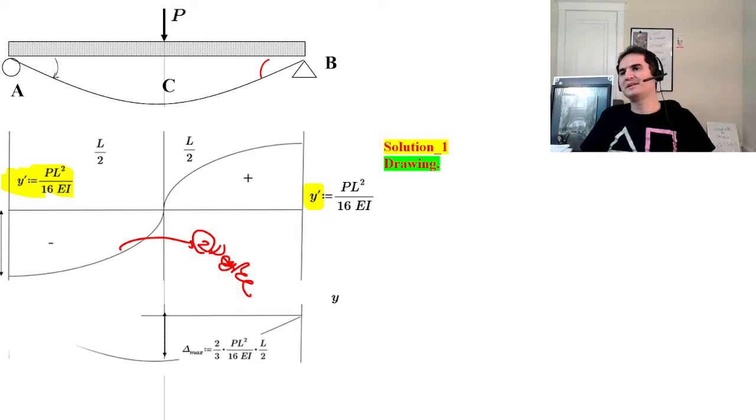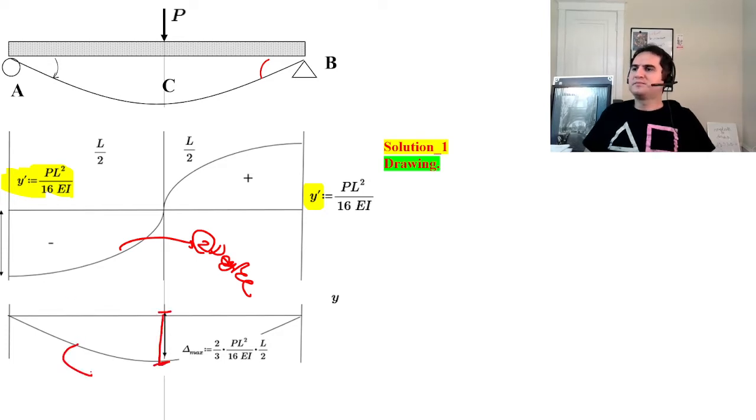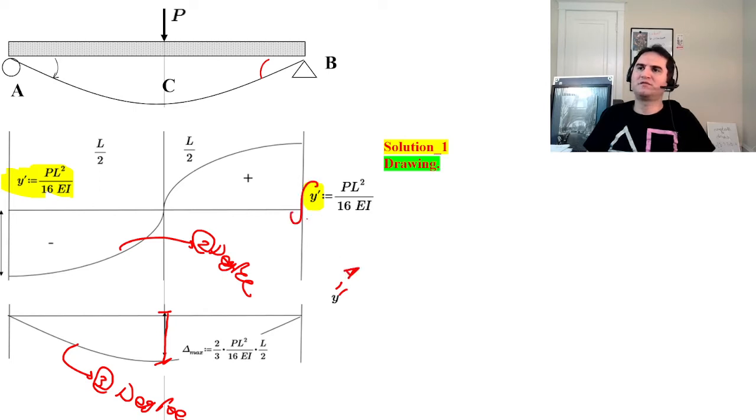So let's see how that goes. It goes by a third degree spandrel. If you want to calculate delta max, this is delta or y, which is the integration of y prime or theta, gives you delta.